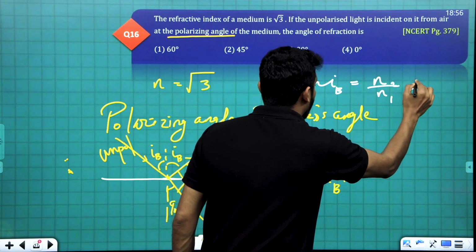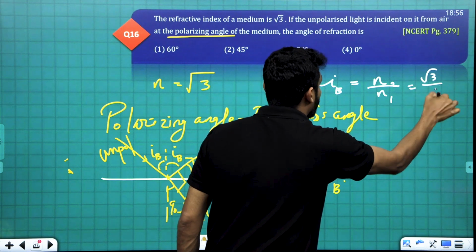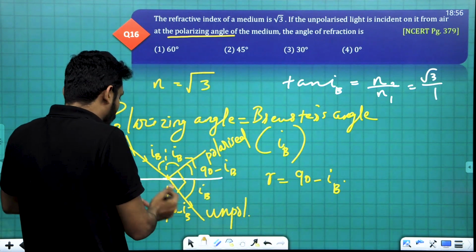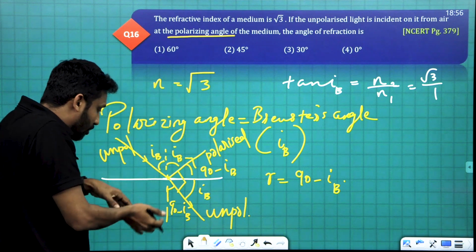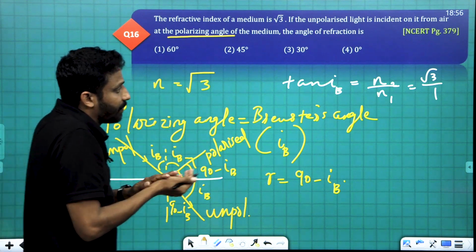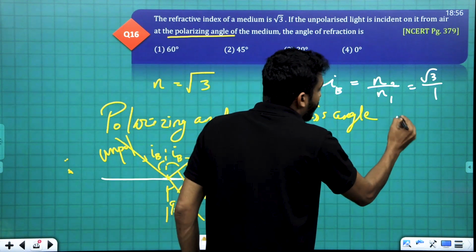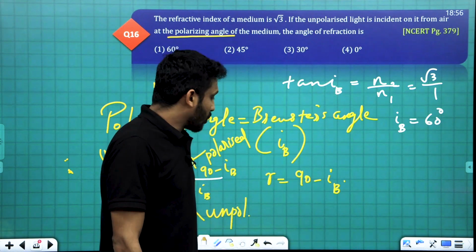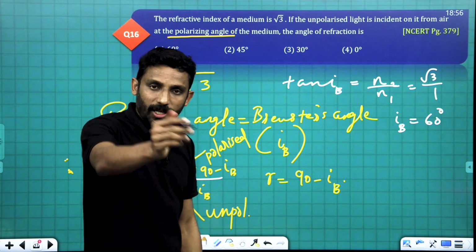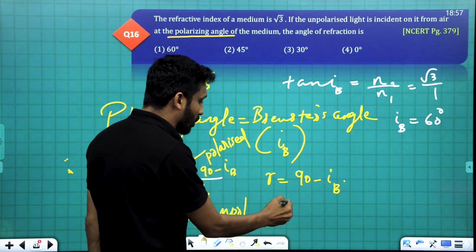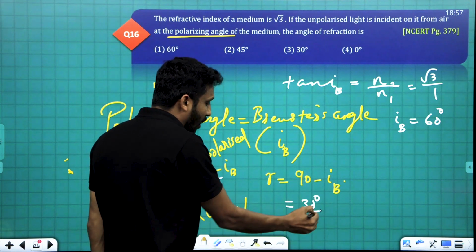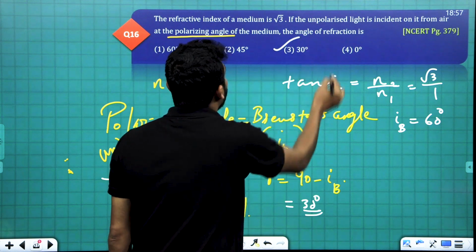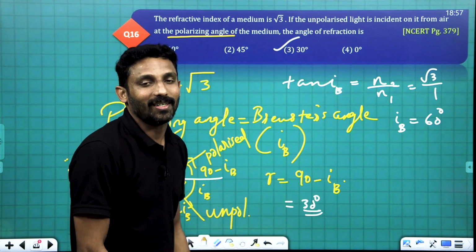Here n2 is root 3, n1 is 1, from air to this medium, from 1 to root 3. Then IB is equal to tan inverse of root 3, which is 60 degrees. Then 90 minus 60 is 30 degrees, the angle of refraction. 30 degrees is the angle of refraction. Good.